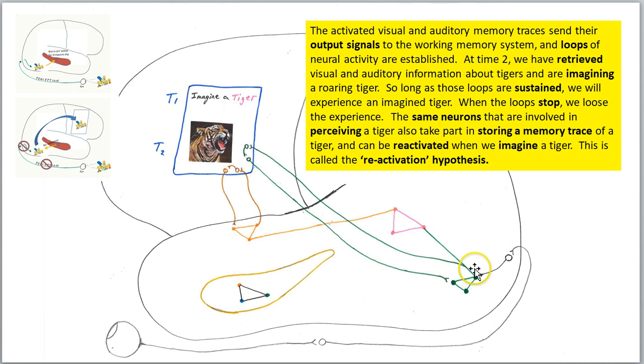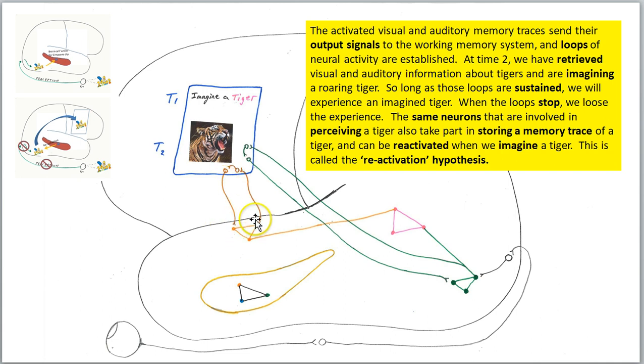And when we successfully imagine a tiger, then what we're doing is creating loops of neural activity between tiger cells in the working memory system, and loops of neural activity between the auditory cells, the roaring tiger cells in our working memory system. And so we will be imagining a roaring tiger in our mind's eye, as it were.